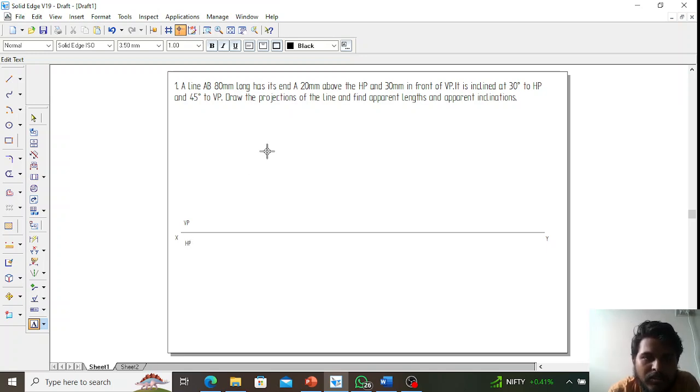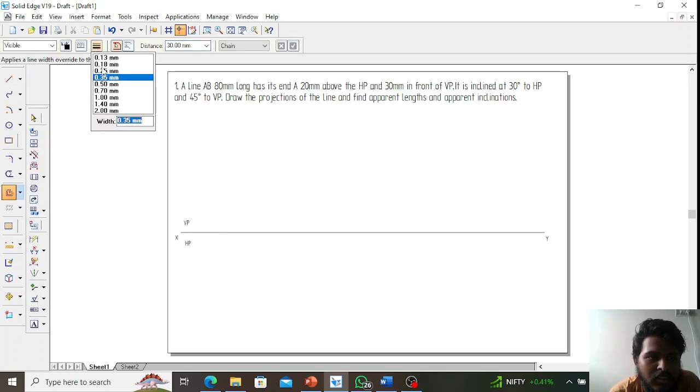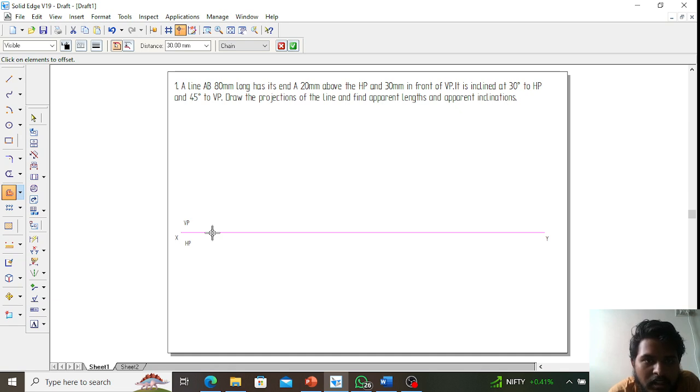Okay. So now it is given that the end A is 20 mm above HP and 30 mm in front of VP. So above HP means the line will be, let us select the offset option, then change thickness to 0.35 mm only. Now select this line and in the distance section write 20.